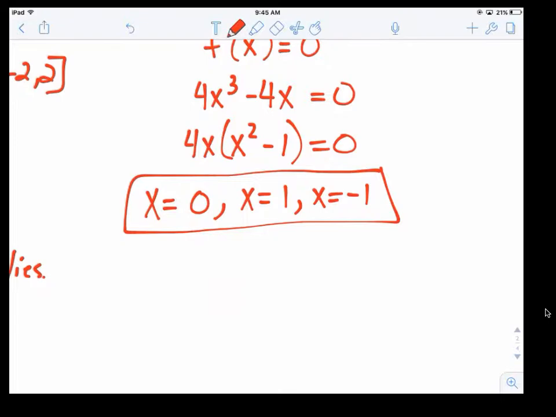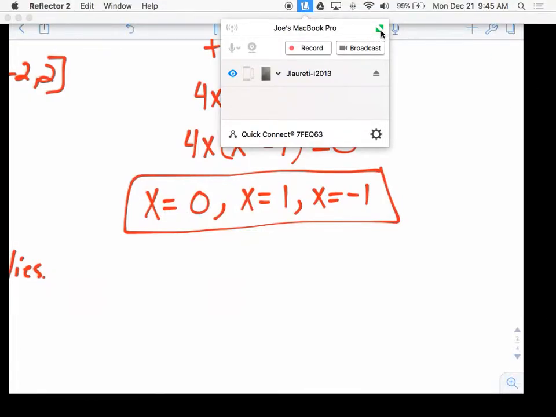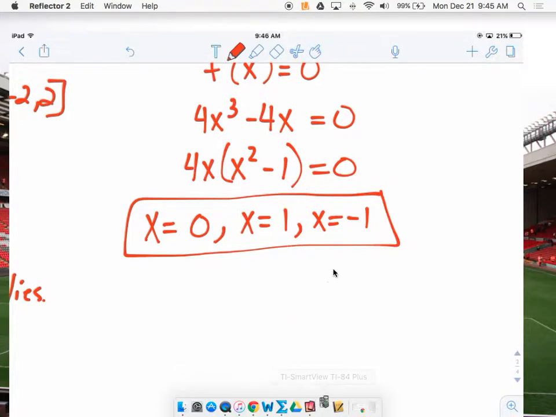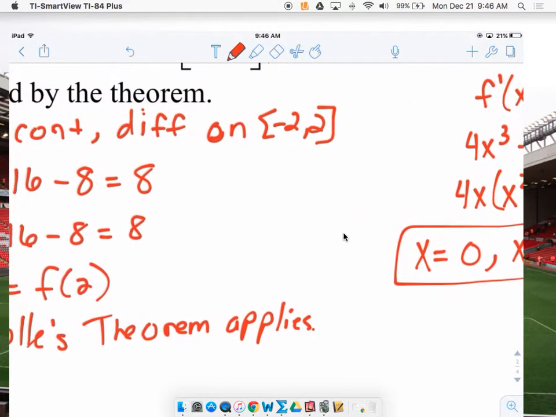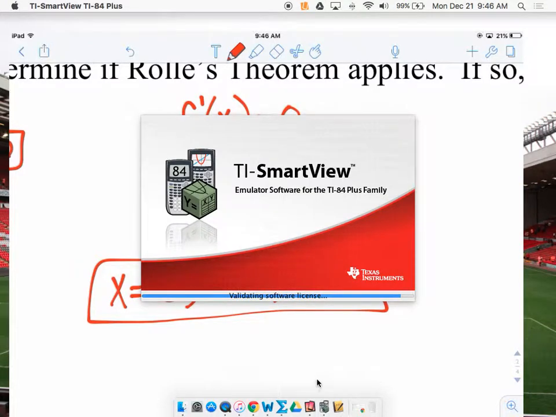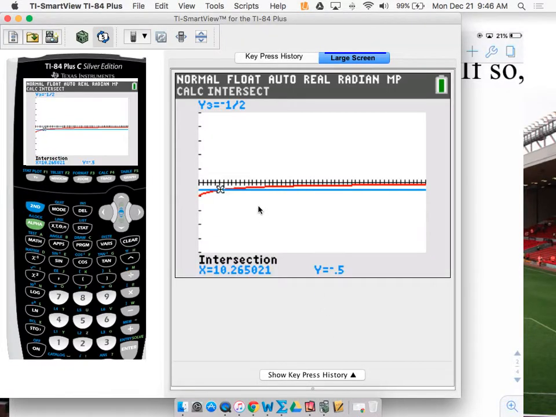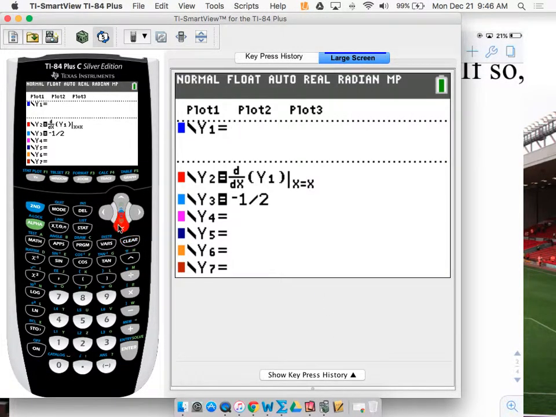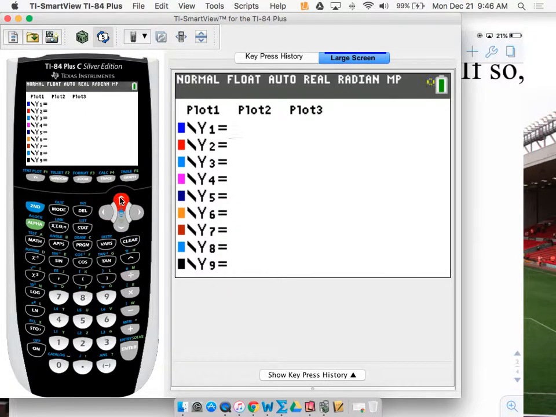Let's put it into your calculator, see if we got it right.